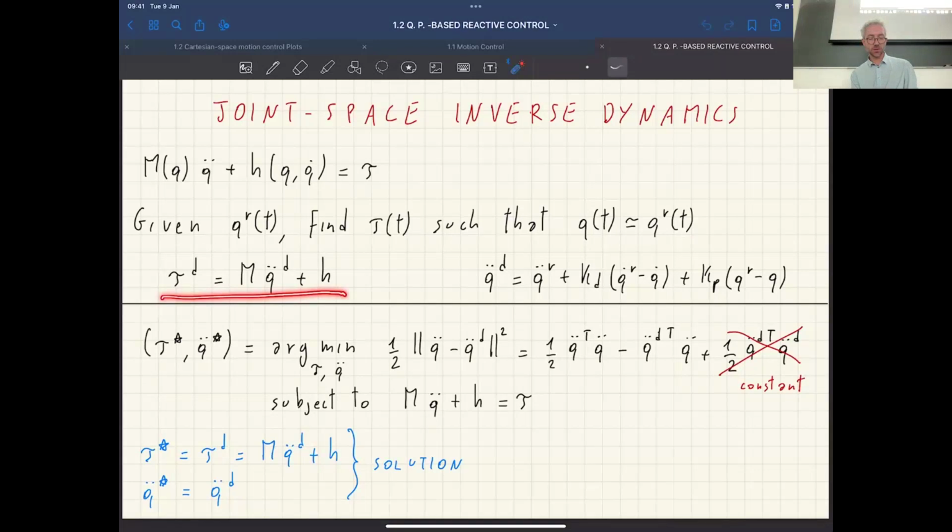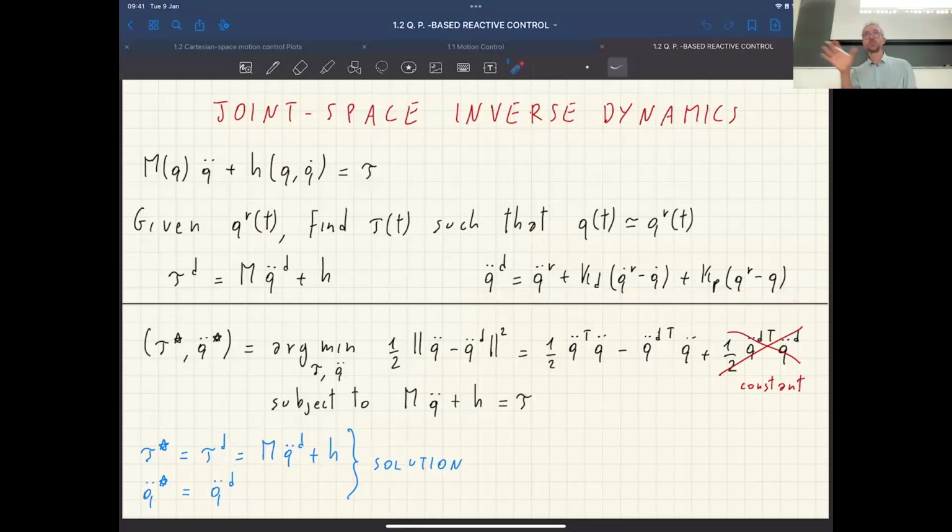So we set the joint torques equal to M times q double dot desired plus h, where q double dot desired is defined by a PD feedback control. So we have the reference acceleration plus derivative gain times the tracking error in velocity plus proportional gain times tracking error in position.